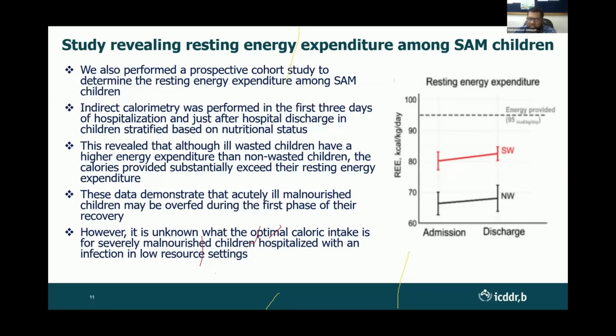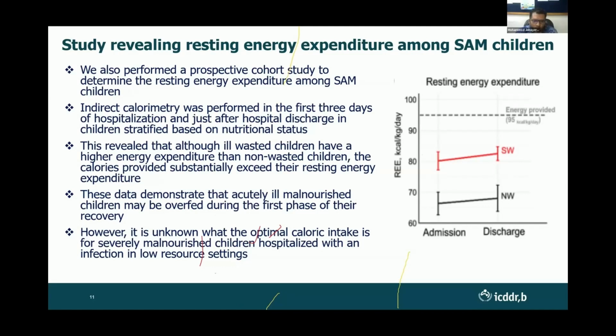This is a sub-study of the Childhood Acute Nutrition Network, which has been presented by Professor James Berkley. In that study, we found that energy expenditure was higher in severely malnourished children than in non-wasted children. However, the energy expenditure is much lower than what we are providing now according to the WHO guideline.